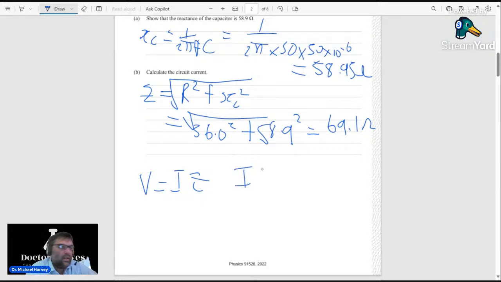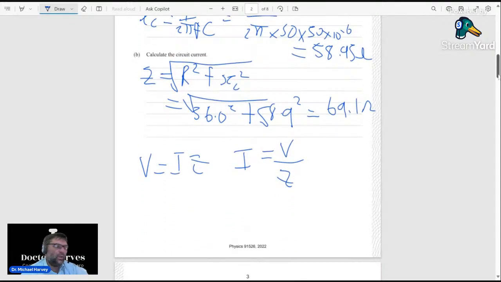So current will equal V over Z. We've given the voltage at the start, 25. So that's 25 divided by Z, 69.1, which equals 0.362 amps.